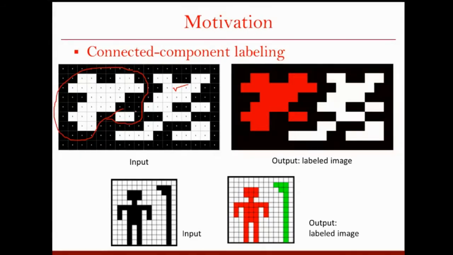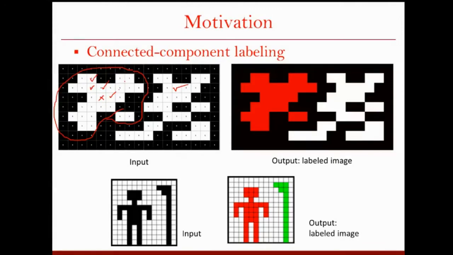If we want to find out whether this pixel is connected to this pixel or not, or whether this particular pixel has the same property as this pixel, what we have to do is consider a pixel and check its neighborhood.